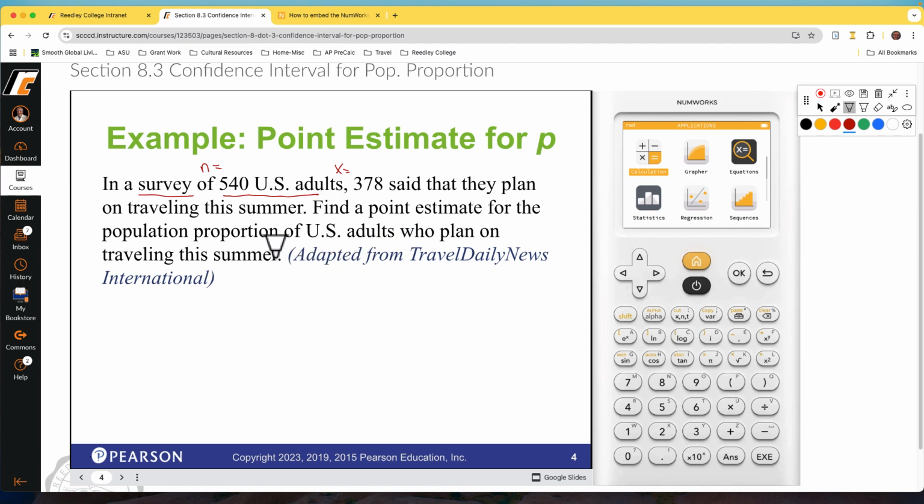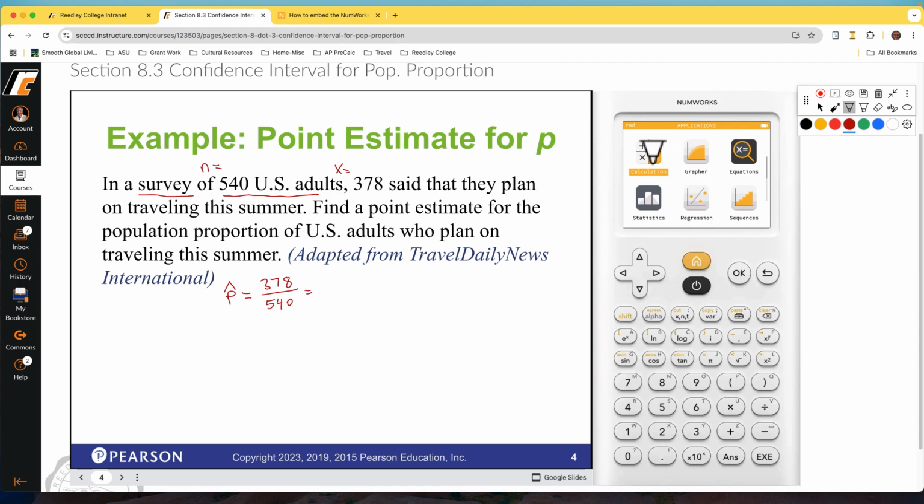Find a point estimate for the population proportion. So that population point estimate is going to be p hat. We're going to take 378 divided by 540. We're always going to get a number less than 1, less than 100%, unless we could get 1 itself if everybody was going to travel.